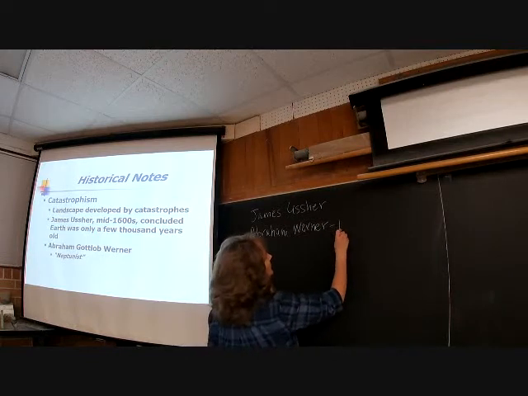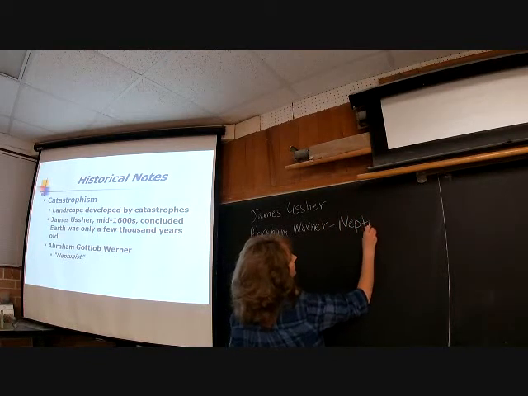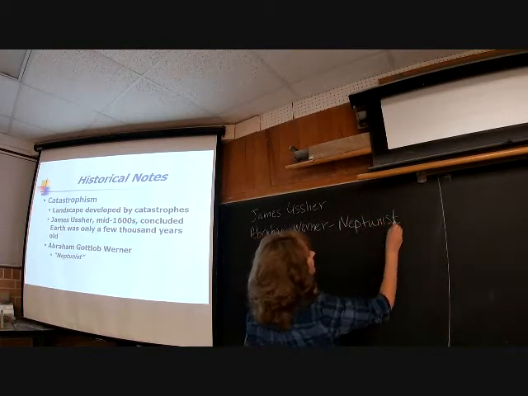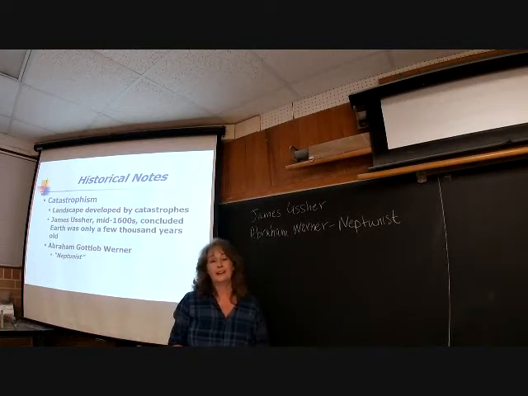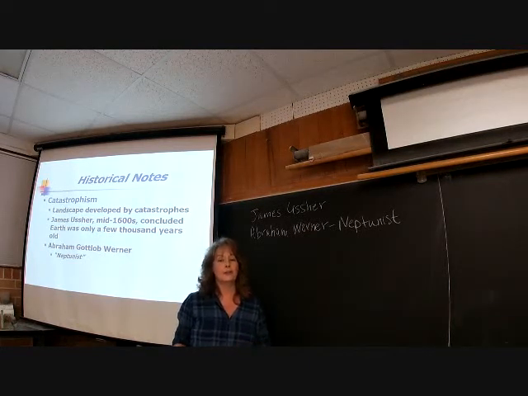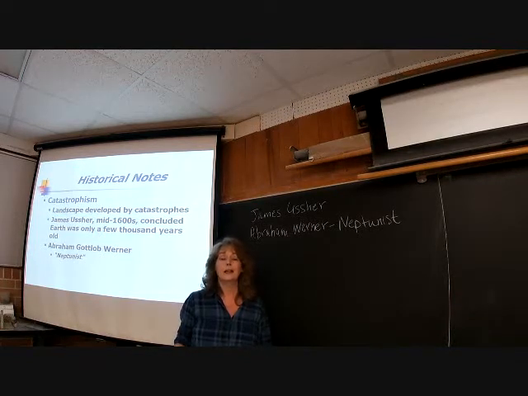Neptune's the god of the sea, right? So his idea was that all of the rocks on the earth precipitated out, crystallized out of this universal ocean that covered the planet in its past.